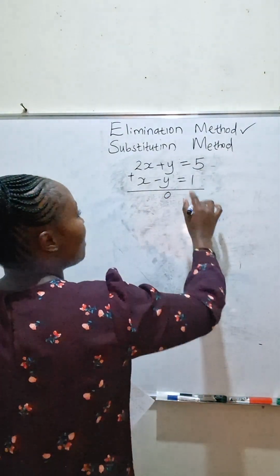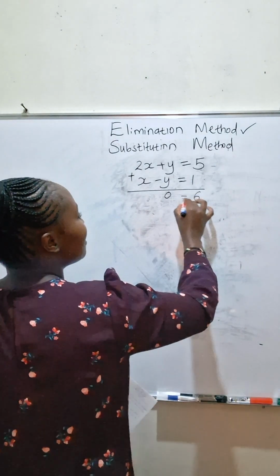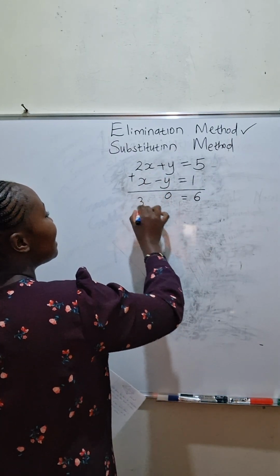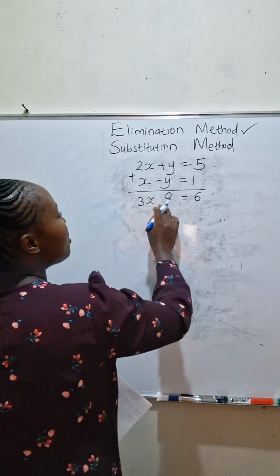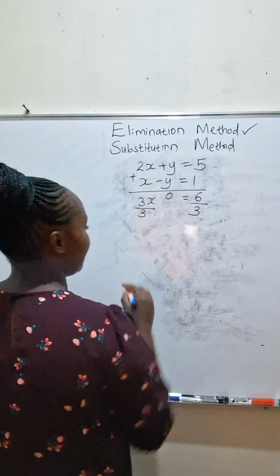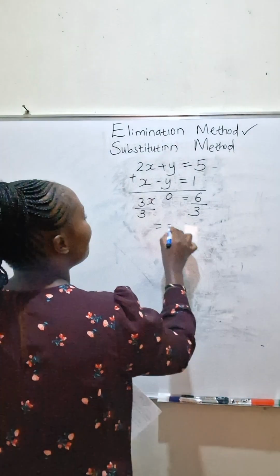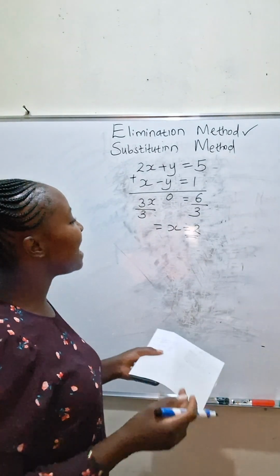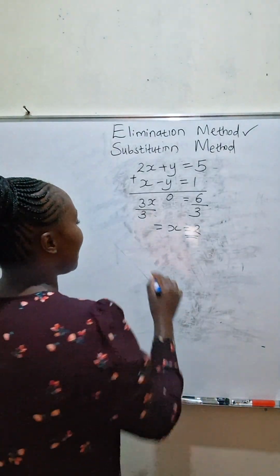But 5 plus 1 is 6, okay? And 2x plus x is 3x, okay? So 3x equals 6, so you divide by 3. You will get that x is 2. Right? Replace in either equation. You can replace in the above.